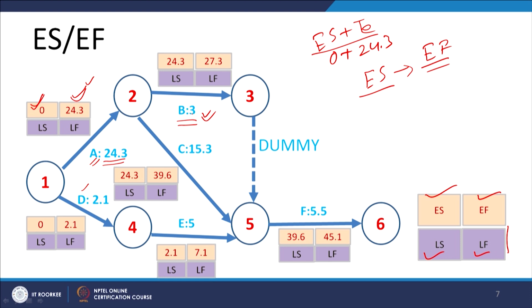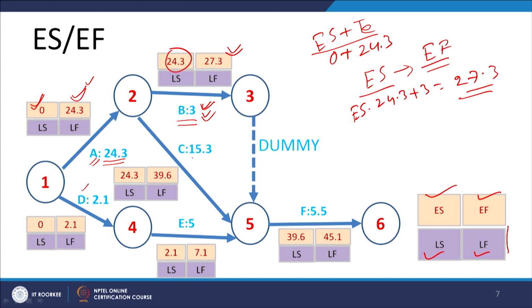So the earliest start time for activity B is 24.3. Since the expected time to complete activity B is 3, plus 3 gives us 27.3, the earliest finish time for activity B.